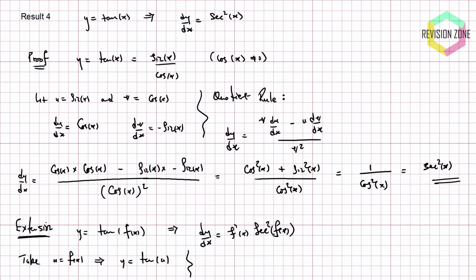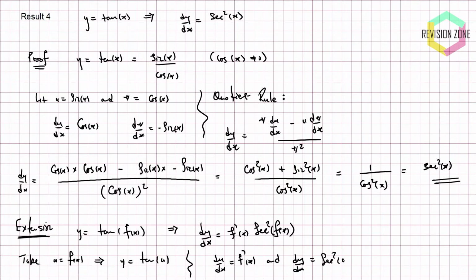Looking at this, I know that my du by dx is equal to f prime x, and we also know that dy by du, because y is tan u, using the result we've just worked out, is just sec squared u.